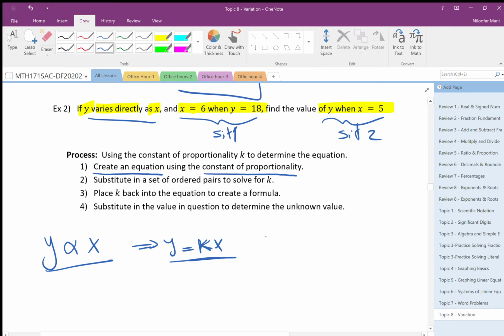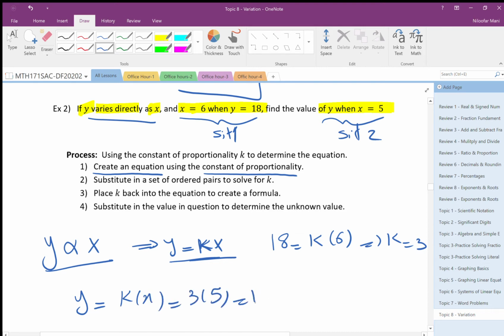So 18 equals k multiplied by 6, therefore k is 3. Now y is k multiplied by x, which is 3 multiplied by 5, which is 15. I use the first situation to find k, and then I use my information to find what is missing for the second situation.